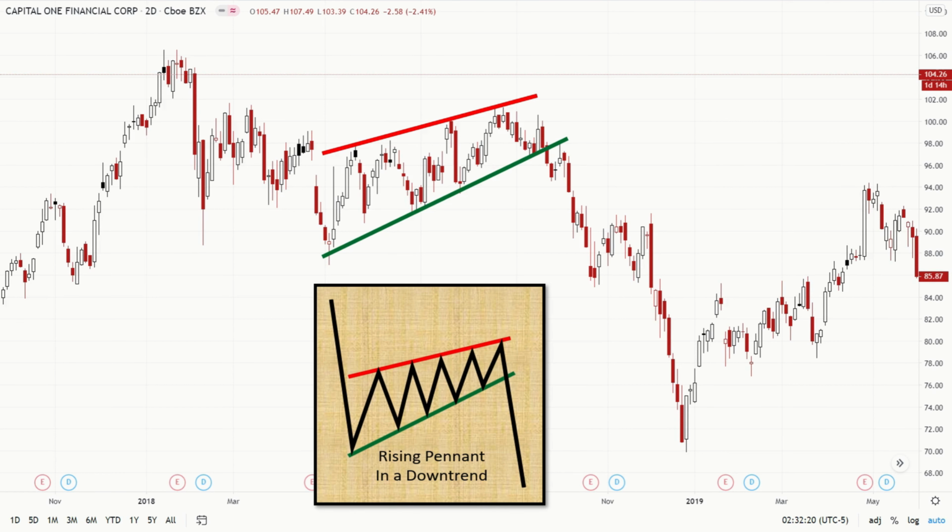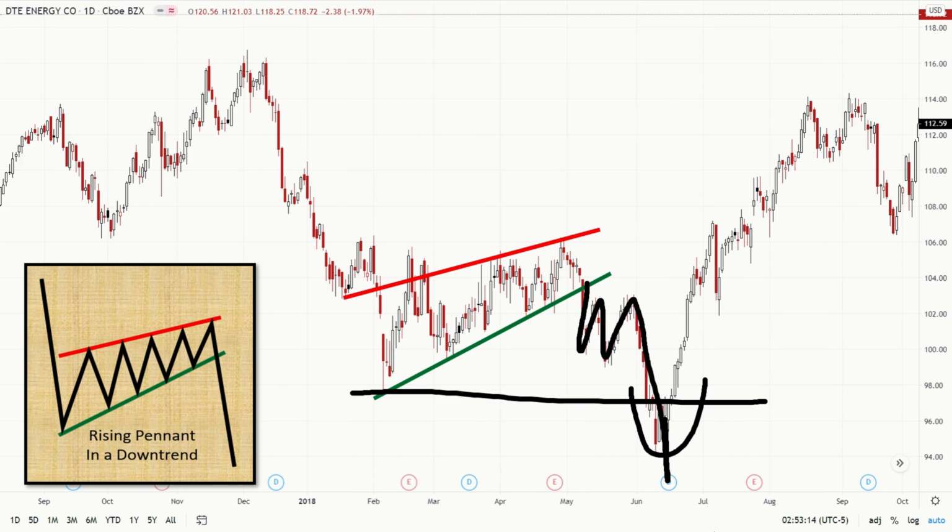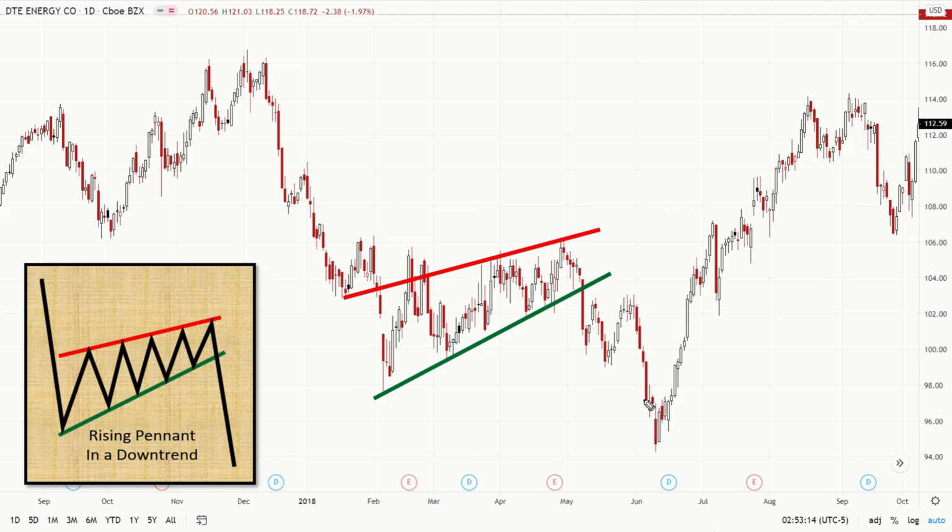All right, rising wedge in a downtrend. Come on, now your eyes are trained for this. So DTE Energy. Okay, this is a utility company. Mm, well, yeah, it did work out. Then here, okay, then it's a false bottom. This is where people are buying. Okay, then it goes up.